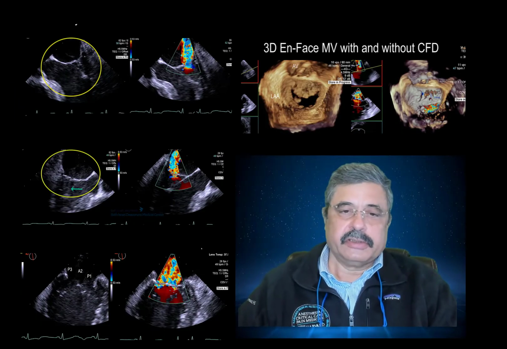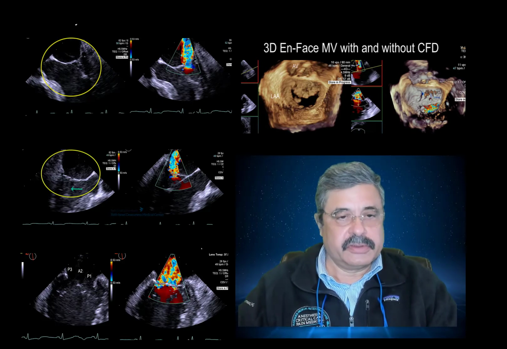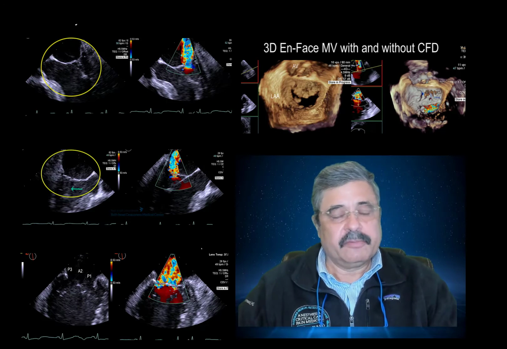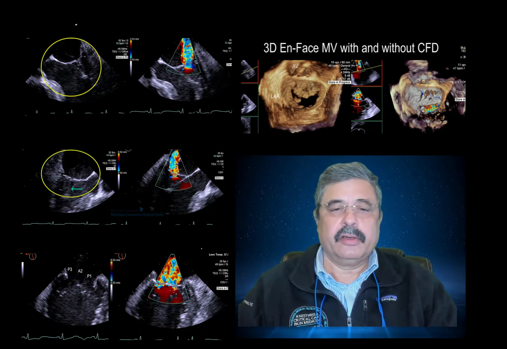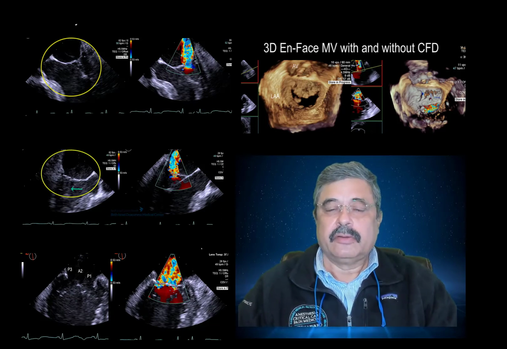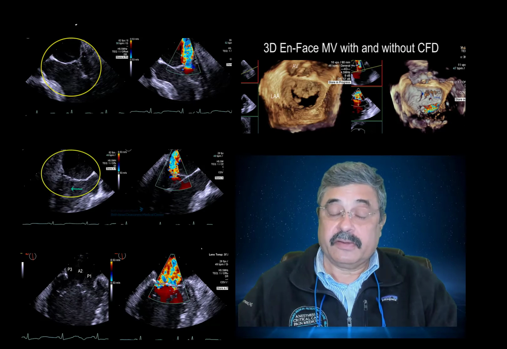So the situation is that we have a patient with severe eccentrically directed MR jet with bilateral leaflet restriction, posterior more than the anterior. The jet seems to extend from the anterolateral commissure to the posteromedial commissure. Three-dimensional echocardiography is of some help, but doesn't answer all the questions.